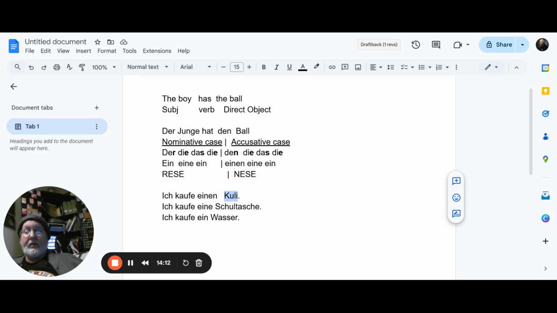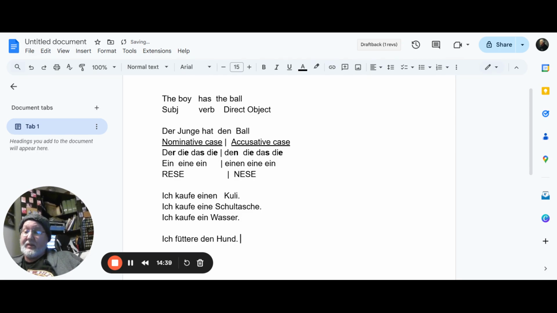All right. So let's look at this one. One last one. I feed the dog. Ich... Let me change this to German so I can actually do an umlaut. Ich füttere den Hund.